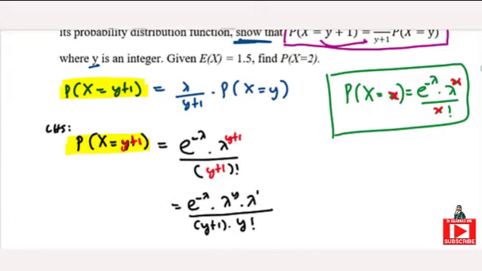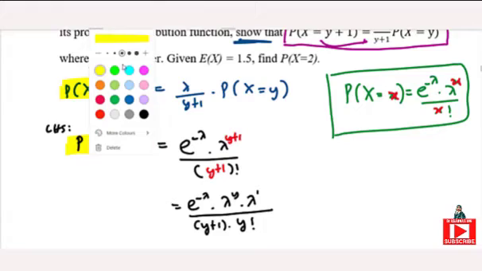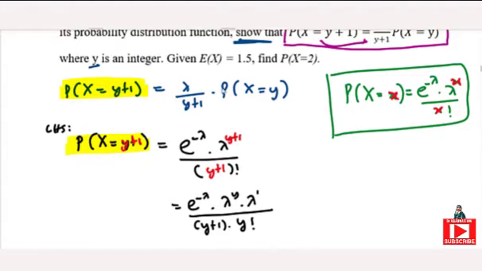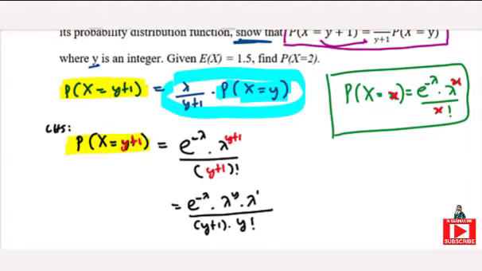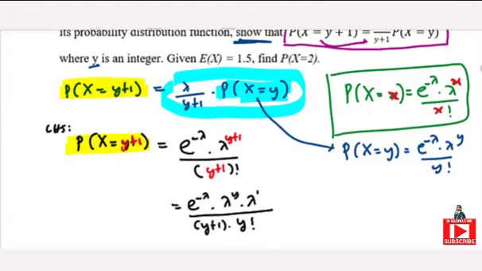Our aim is to show the same as on the right hand side. And check this part, P(X = y). Start substitute. Now x changes to y factorial.